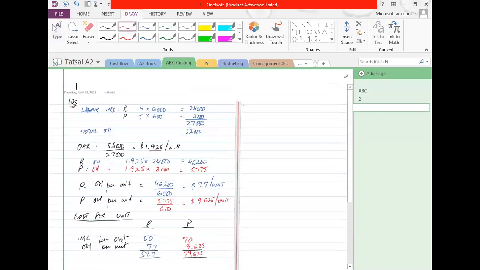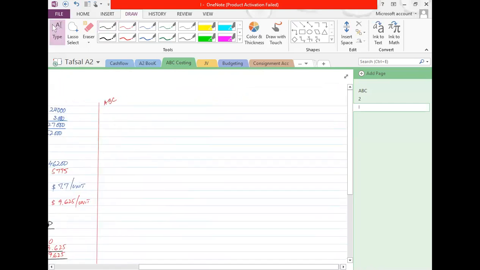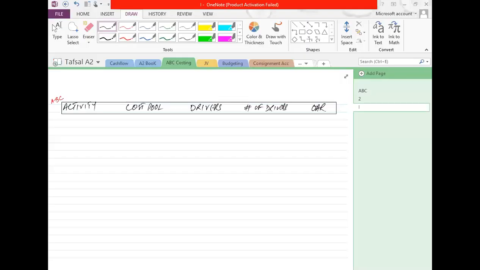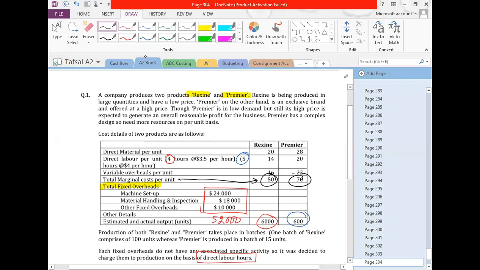Let me work out ABC for the same question. Let me draft the table. These are my 5 columns: activity, cost pool, drivers, number of drivers, and OAR. Let me pick up the drivers.